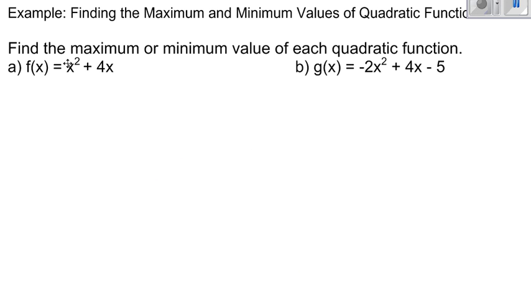For these next examples, let's use the shortcut, negative b over 2a. So in this example, b is 4, so that would be negative 4 over 2 times a is 1, so 2. So that's negative 2.